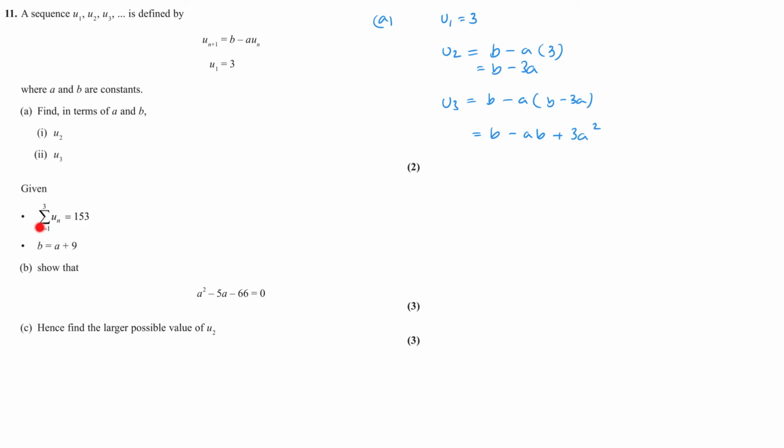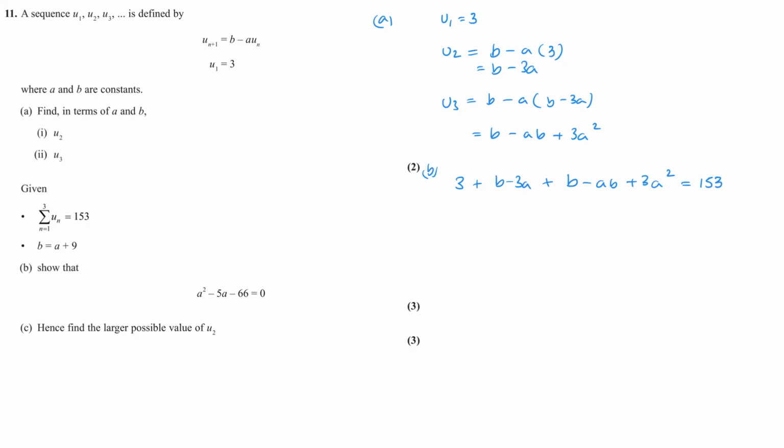Okay, so we've got a sum here. It's just between 1 and 3. So we've got 1, 2 and 3. So if we add these 3 up, it equals 153. So that's my first bit. So for part B, 3 plus B minus 3A plus B minus AB plus 3A squared, and that equals 153.